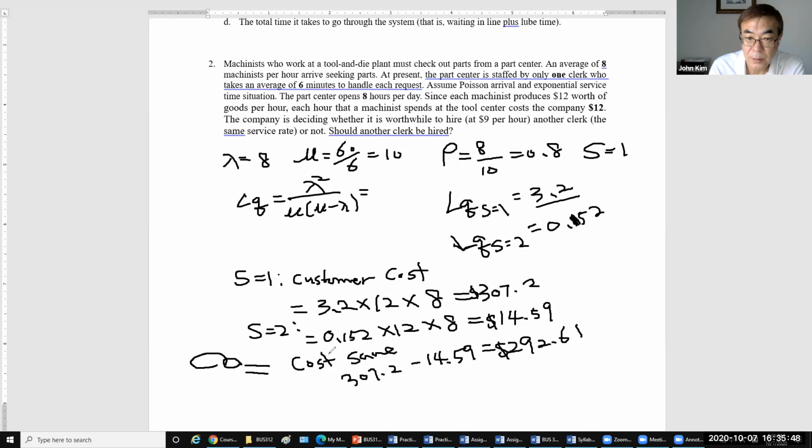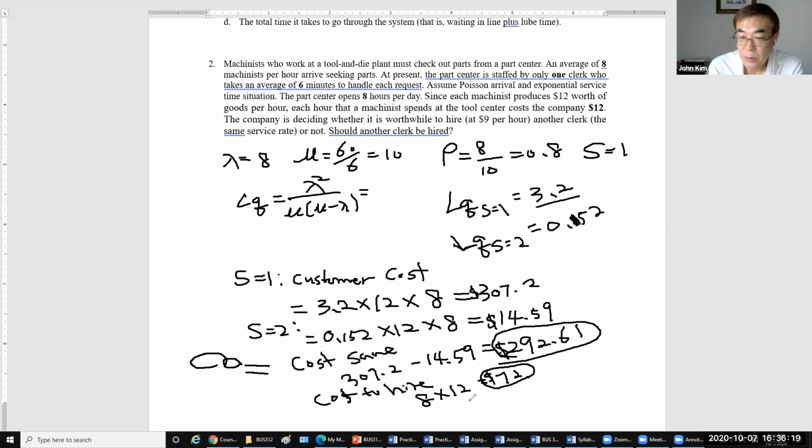And then the cost to hire one more is 8 hours times $12, that is $72. So by hiring one more clerk, we save this much, but the cost is this.